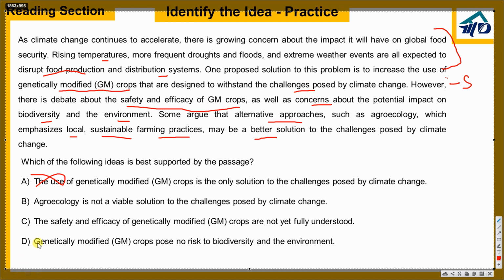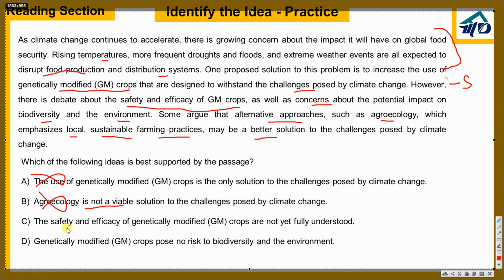Then coming on to option B. Agroecology is not a viable solution to the challenges posed by climate change. Here they are saying it is not viable, so eliminate it.